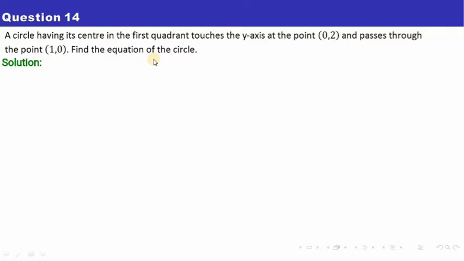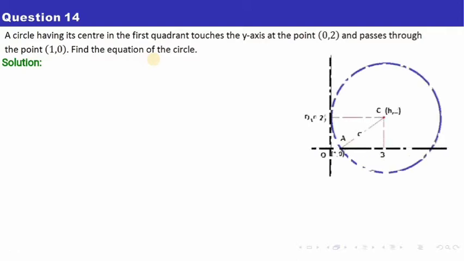So let's try to understand this using the diagram. Draw the diagram, you should be able to get this. You can see that the center is in the first quadrant. Now here we have the tangent, which is the y-axis, and this tangent touches the circle at point (0, 2).